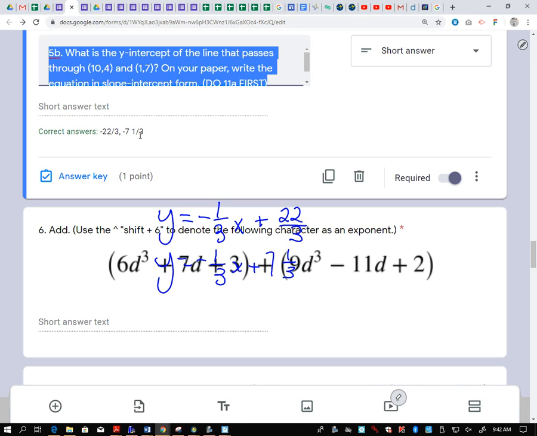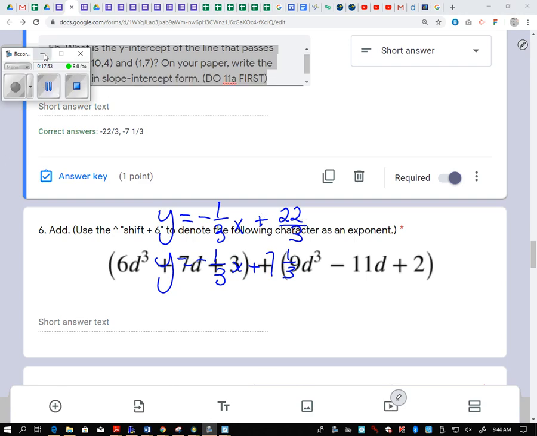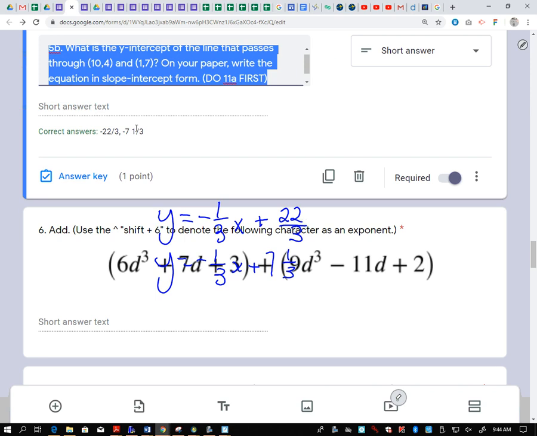Because they got negative 22 over 3 or negative 7 and 1/3. I'm still pretty sure it's positive. Let me pause our video here for a second. Yeah, so clarified, and that should definitely be a positive 7 and 1/3 or positive 22/3.